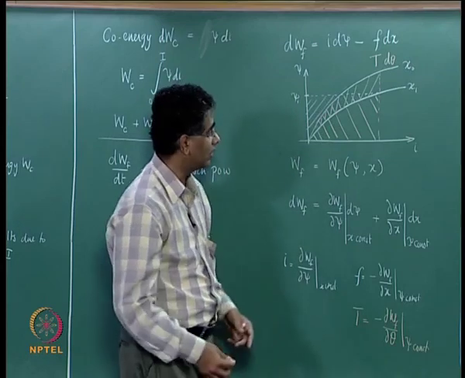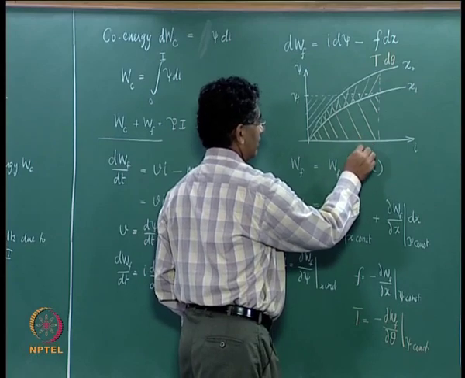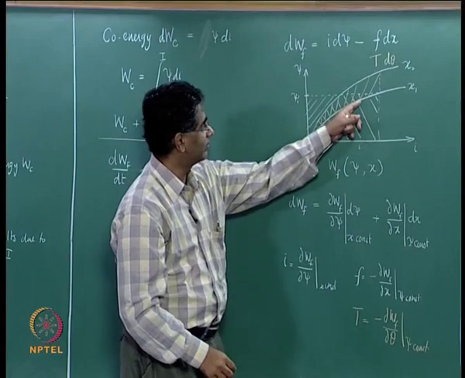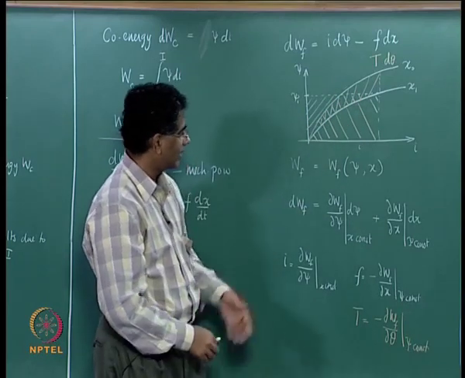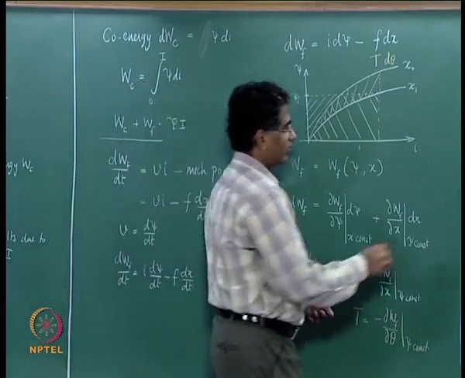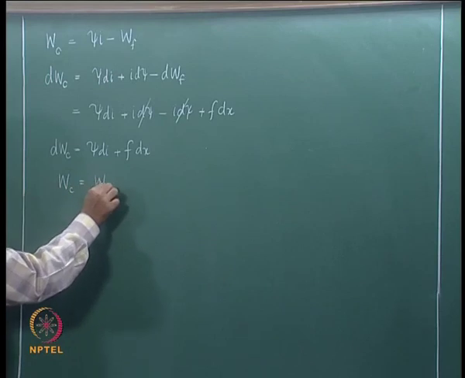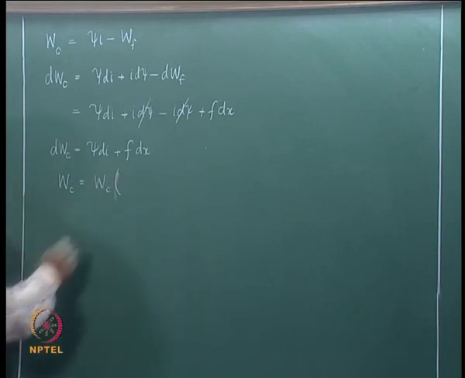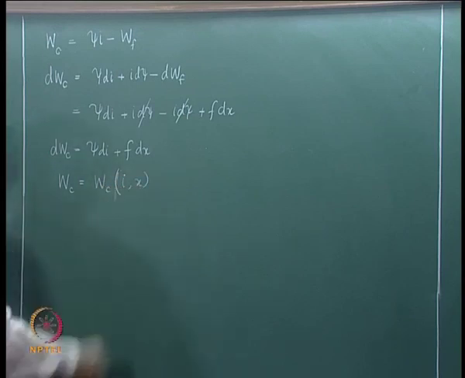So obviously Wc depends upon at what value of I you are going to evaluate Wc, and at the same time which curve you are going to use. So in a similar manner as before, we can write Wc to be a function of I as well as x.